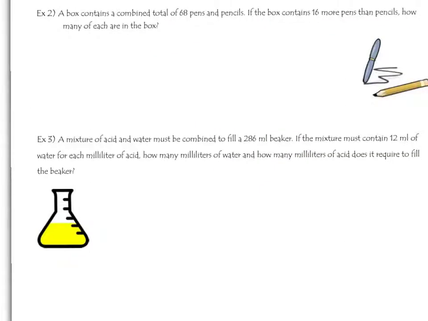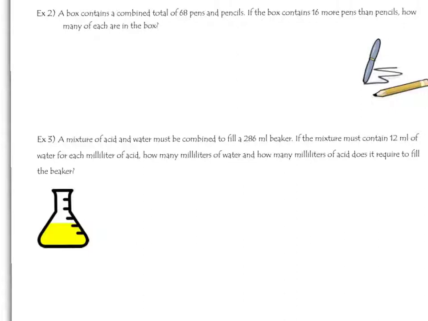On page 17, at the top of the page, we have that a box contains a combined total of 68 pens and pencils. The box contains 16 more pens than pencils, so how many of each are in the box? So we know that the total is 68.